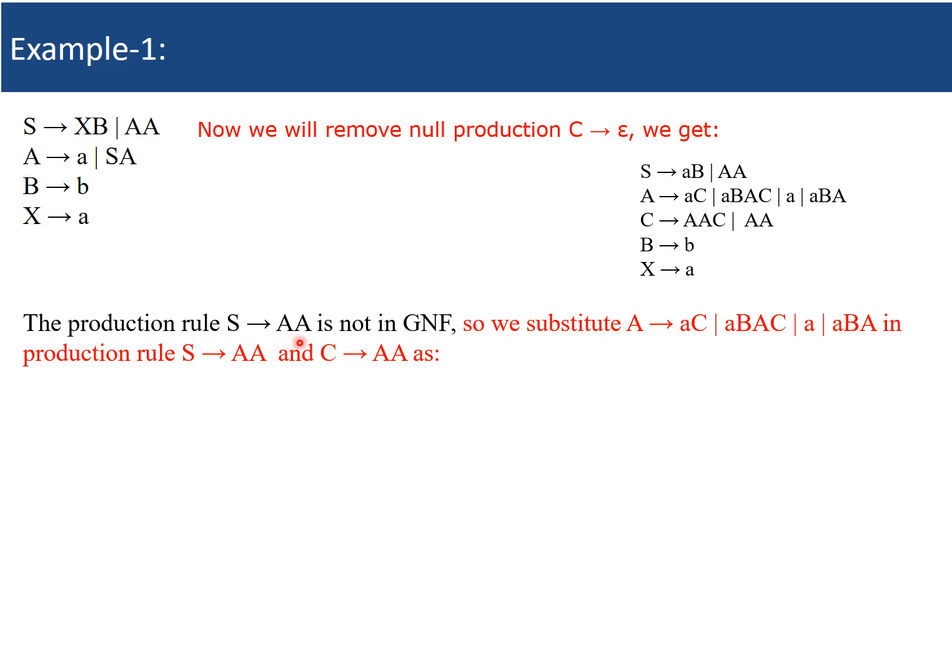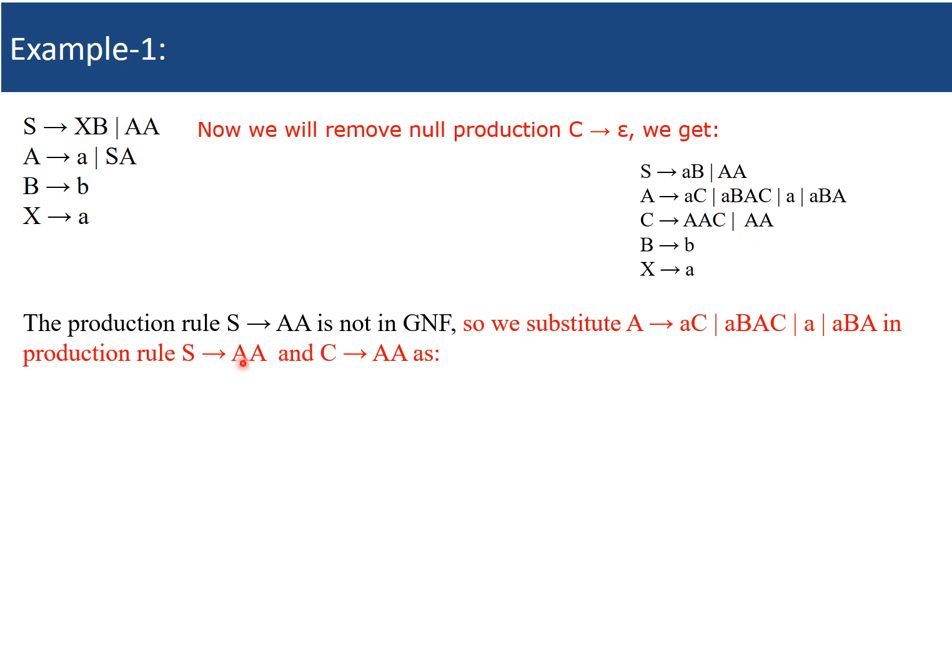S gives AA is not in GNF. So you substitute the A production, since all A productions are already in GNF form. Then you have to substitute A in these C rules.